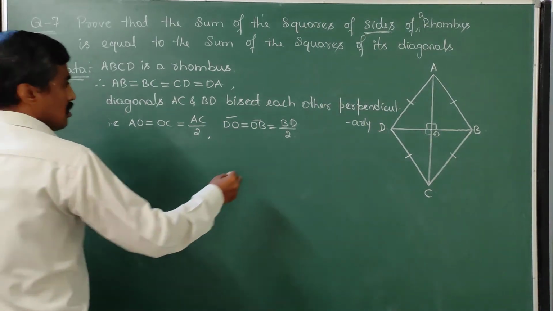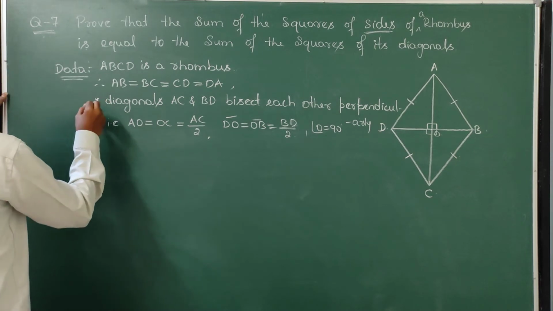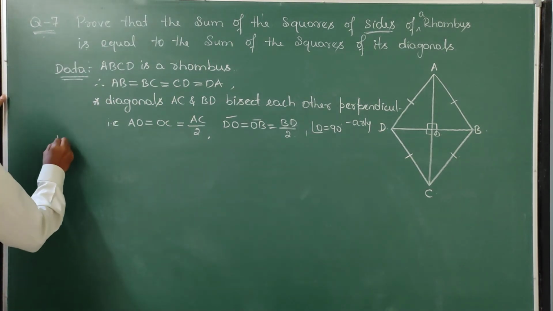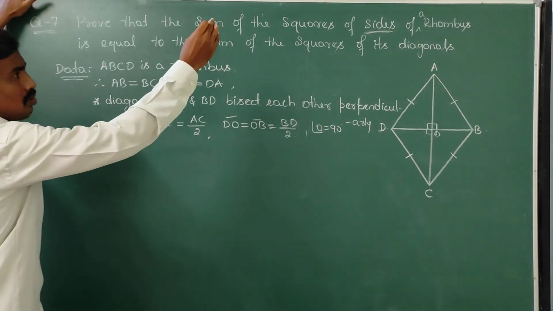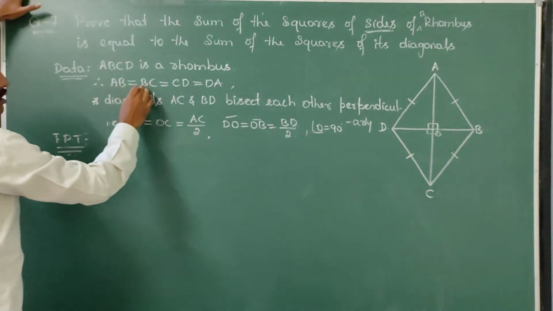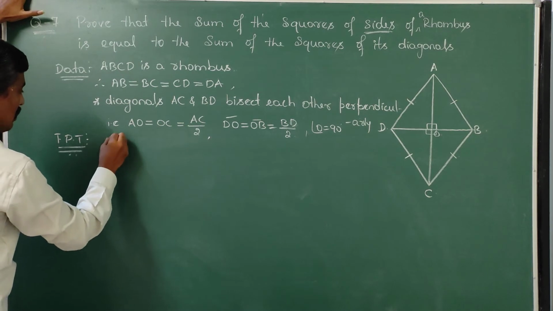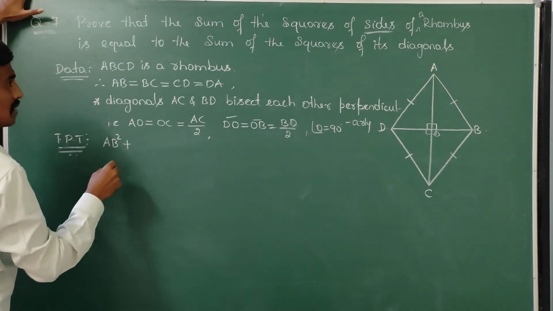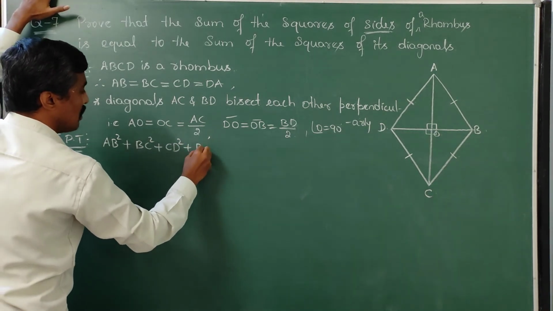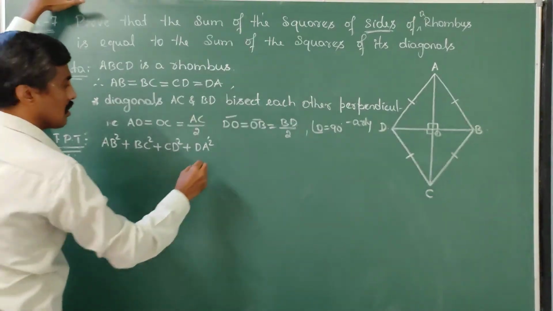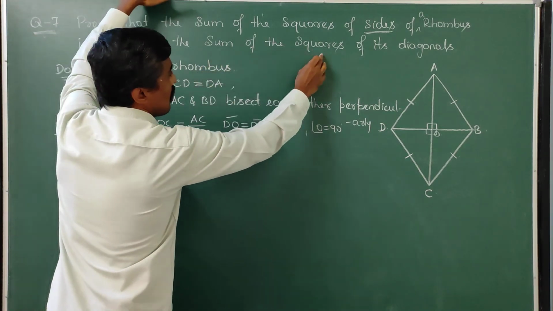Angle O is equal to 90 degrees, from the second property. So what we have to prove here? To prove that the sum of the squares of the sides of the rhombus: AB square plus BC square plus CD square plus DA square is equal to the sum of squares of the diagonals.